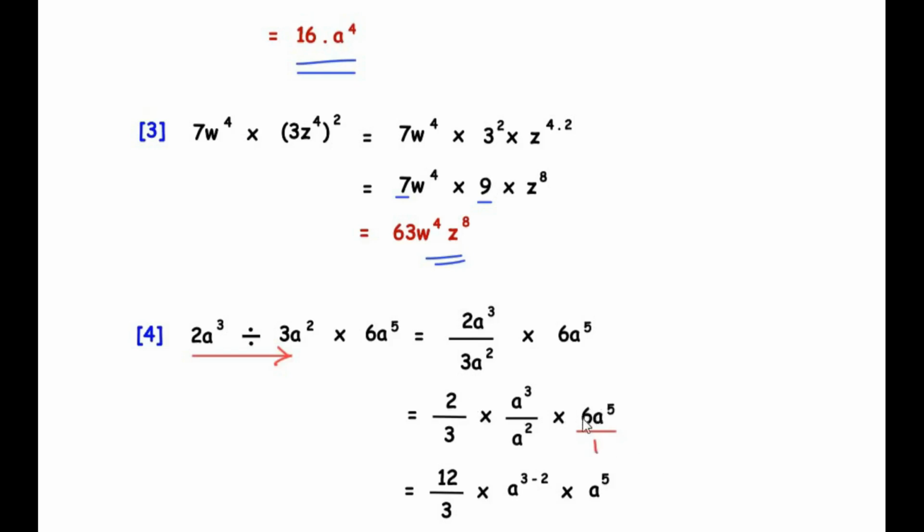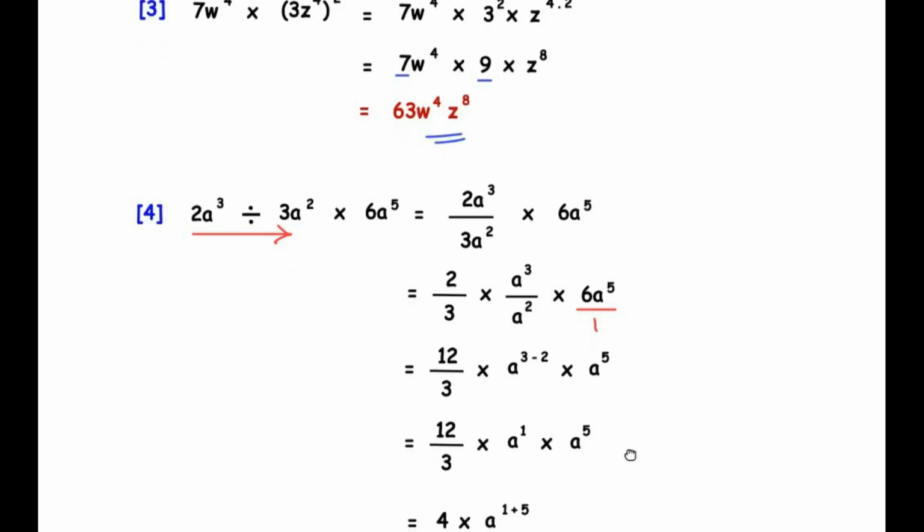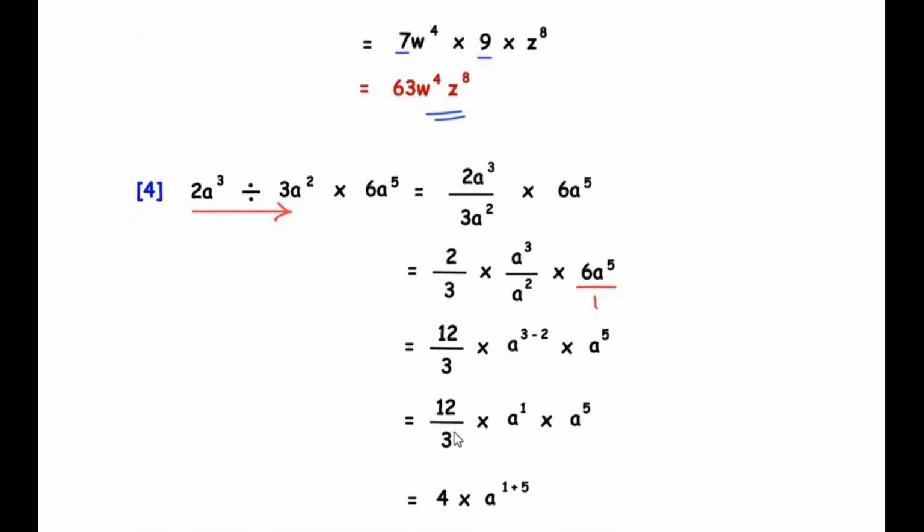So here 2 and 6 get multiplied together, giving us 12 over 3 times, now using the division law, since the power in the numerator is higher than the power in the denominator, we are going to take it to the numerator, giving us a to the power of 3 minus 2 times now a to the power of 5. So simplifying this, we get 12 over 3 times now a to the power of 1 times a to the power of 5. Now the next step is further simplification. So here 3 divides 12, that is 3 1 times is 3 and 3 4 times is 12. So we get 4 times.